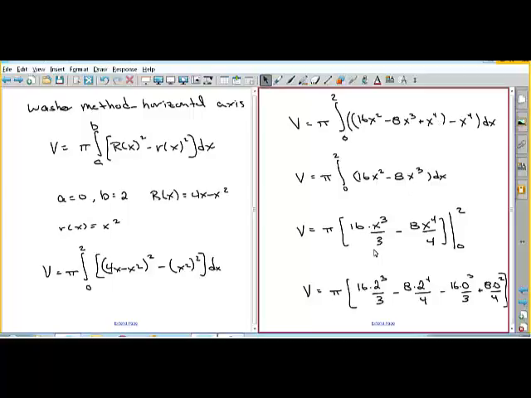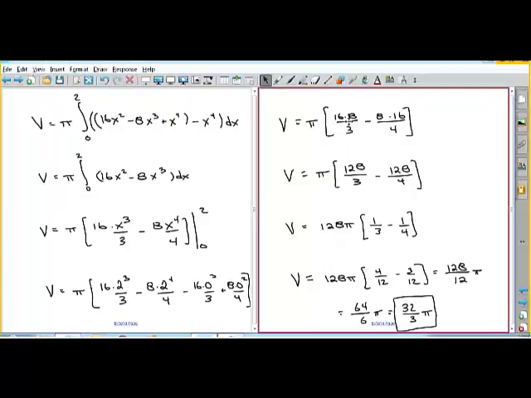You integrate, add 1 to the exponent, divide by the new exponent. Those go to 0. And then you plug in 2, so we have 16 times 8, and 8 times 16, which turns out to be 128. I factored out the 128, and I had a third minus a fourth, which is a twelfth. So you get 128 pi over 12, which is divisible by 4, and you get 32 over 3 pi.